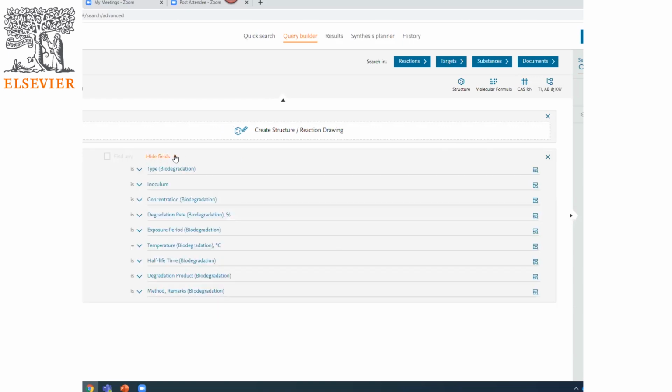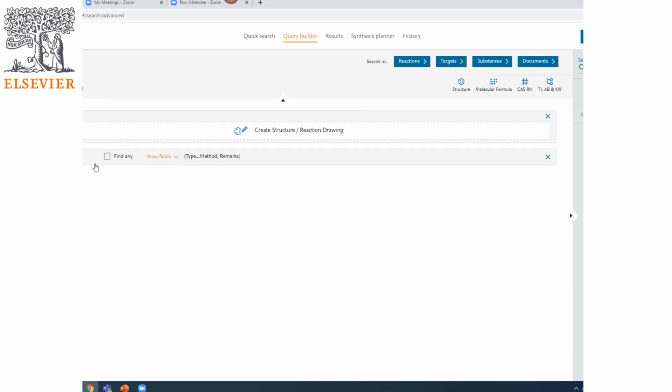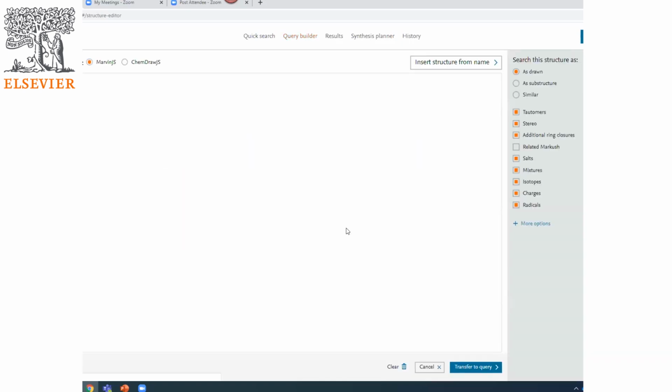By show fields and hide fields, you can put something there, but even this one is useful because you can use find anything. For example, about phenolic compound.